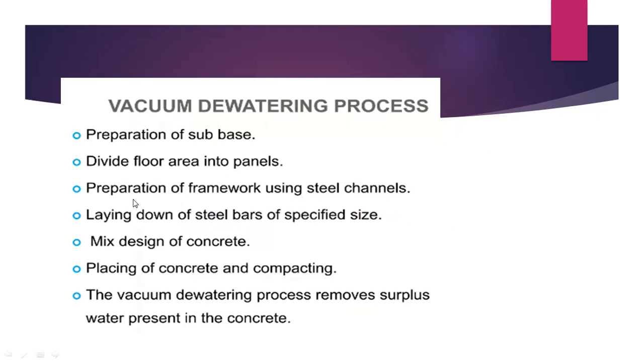After that we prepare the framework using steel channels, and we lay down the steel bars, which is nothing but your reinforcement. After placing the reinforcement, we mix the concrete, place it and compact it so that it removes the air voids, and then the vacuum dewatering process starts. The vacuum dewatering removes the excess water present in the concrete.